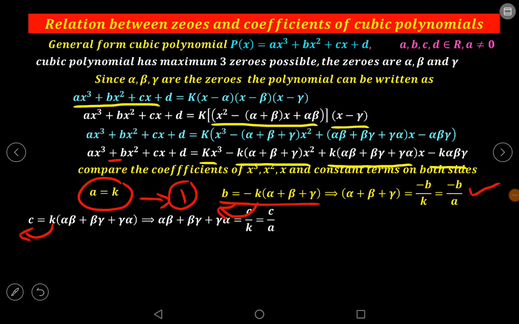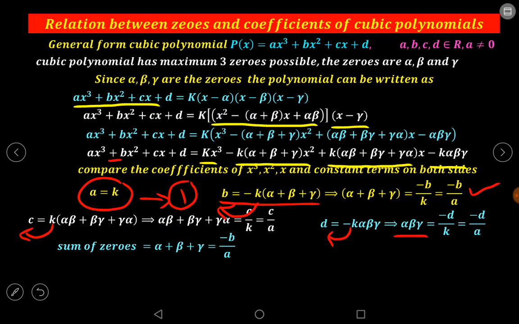Next one, constants are equal, d equal to minus k times alpha into beta into gamma. Minus k is also transposed to the left side, product of zeros alpha into beta into gamma is equal to minus d by k. Here k is equal to a, therefore minus d by a.